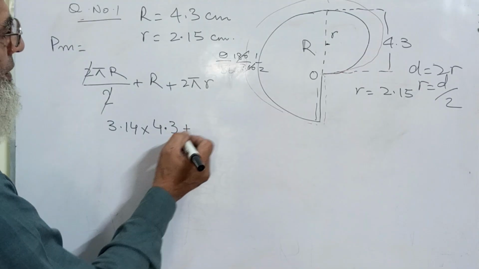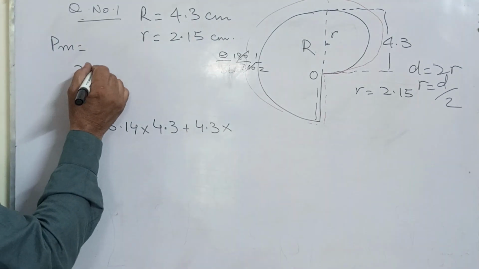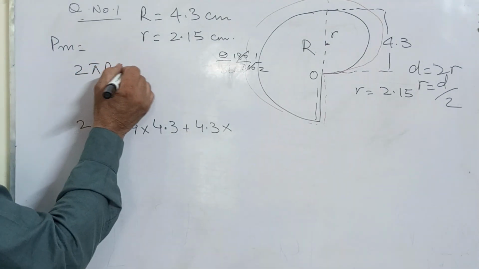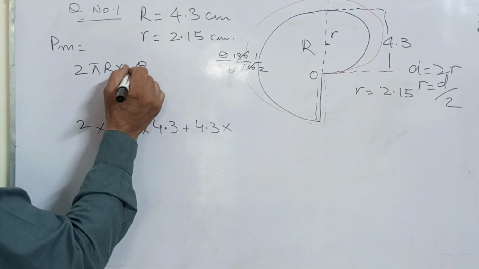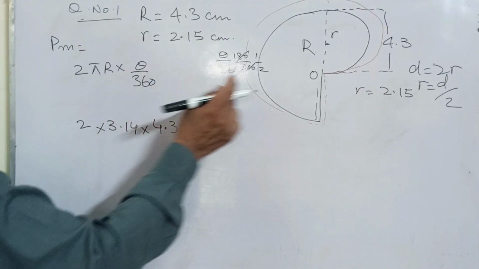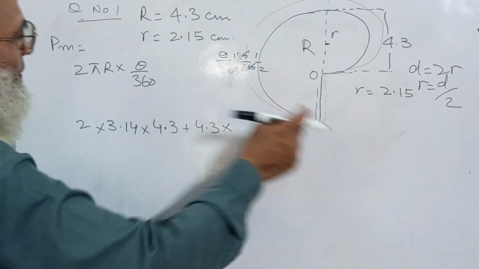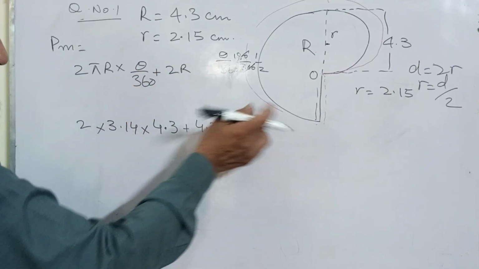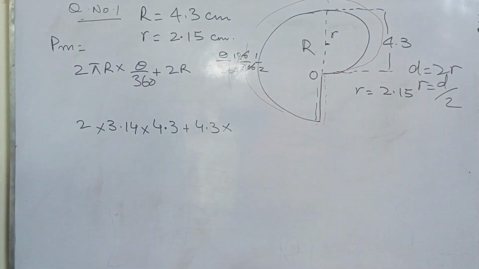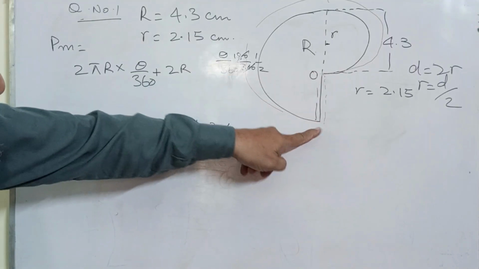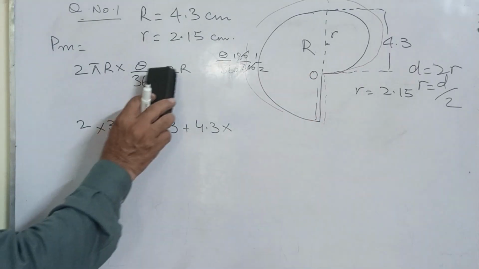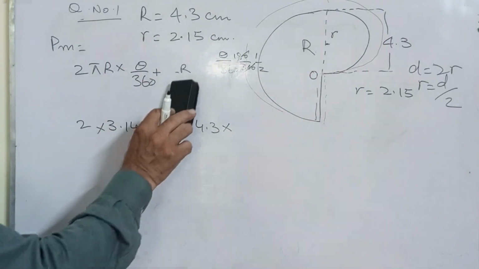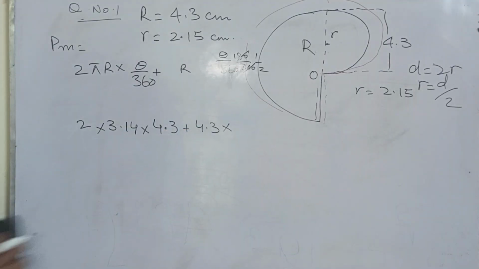4.3 plus, will be like this, 2 pi r multiplied by theta upon 360. This is the arc length plus 2r. Since we have only 1 r over here, from here to here, so we eliminate 2 from here. So it will remain with one single r only.